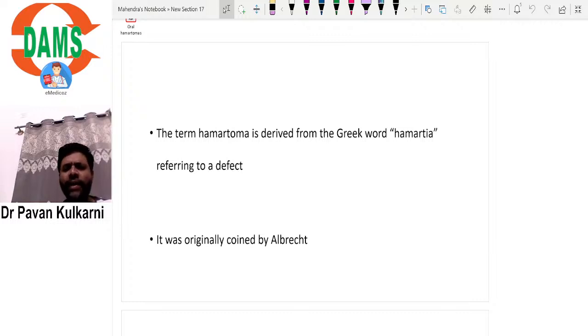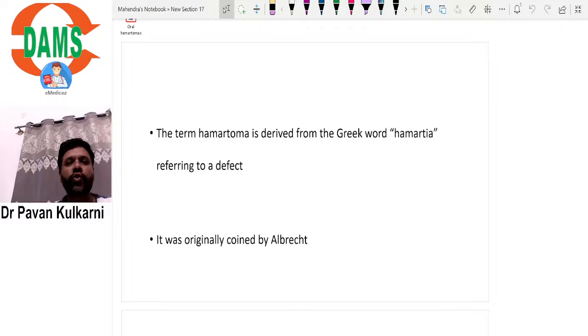Now, hamartoma is one such word, derived from the word hamartia, referring to a defect. Hamartia means referring to a defect. So, it is a Greek word.